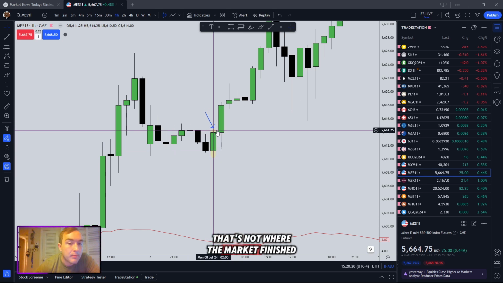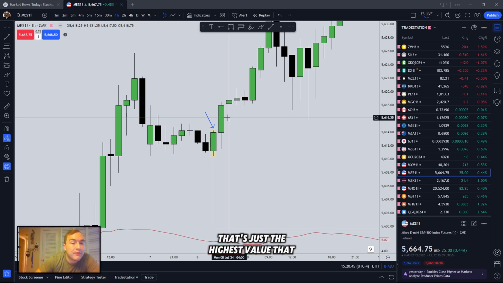But that's not where the market finished that hour. That's the highest value that the S&P 500 futures reached, the highest numerical value that hour reached on this instrument, but it is not where the market finished at 59 minutes and 59 seconds in. That's not the final value of the hour.